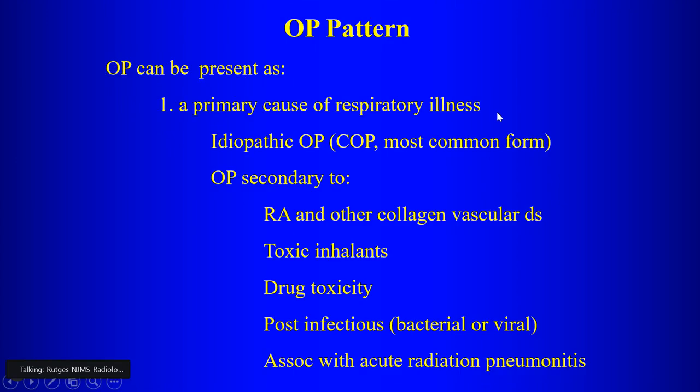Temporally, there's temporal homogeneity, and the architecture tends to be preserved. That pathology can be seen with many, many things. It's a response of the lung to injury. It's not important to memorize the list, but the point is that just about any type of injury you can think about to the lung, one of the response patterns can be organizing pneumonia.